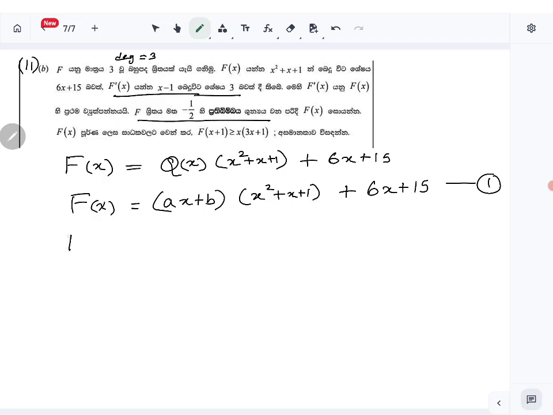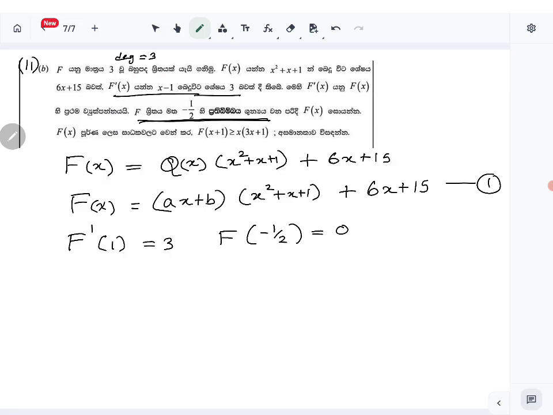Right. So we have been given f dash x, or the derivative, when the derivative is divided by x minus 1, remainder is 3. So that means what? f dash 1 is equal to 3. We can use that plus, what does this mean? This means f of minus half is equal to 0.